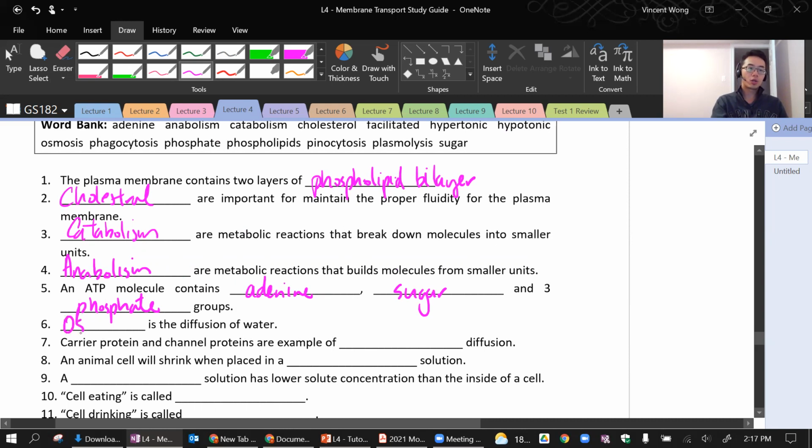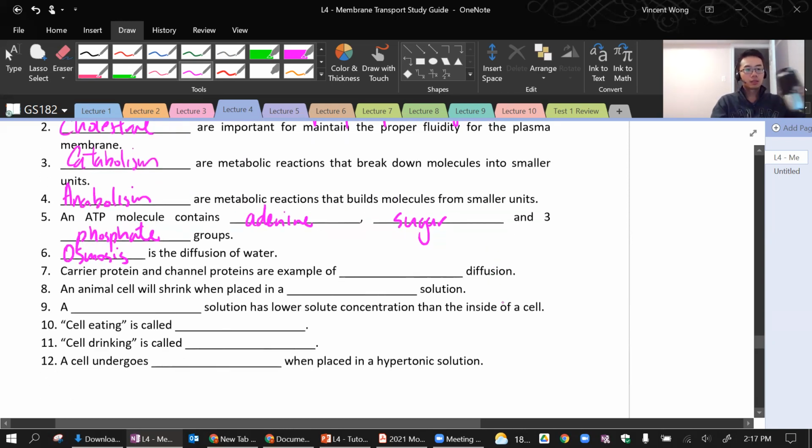Diffusion of water is called osmosis. And we just talked about this. Carrier proteins and channel proteins are facilitated diffusion. Again, no ATP required.